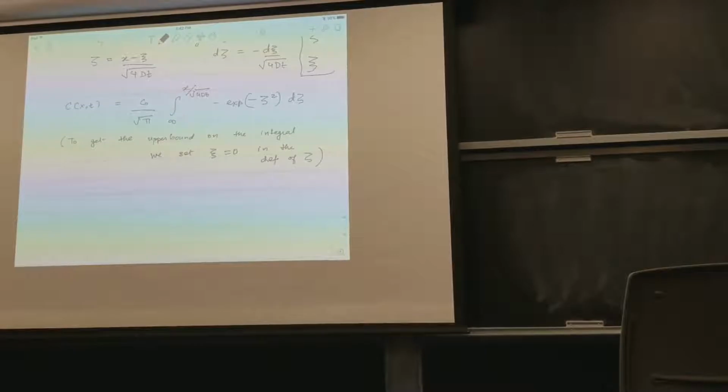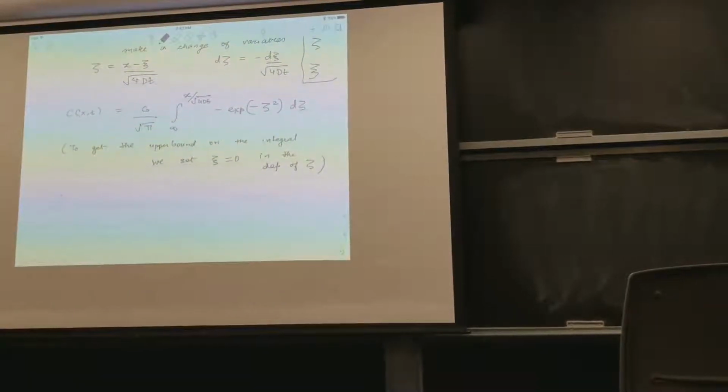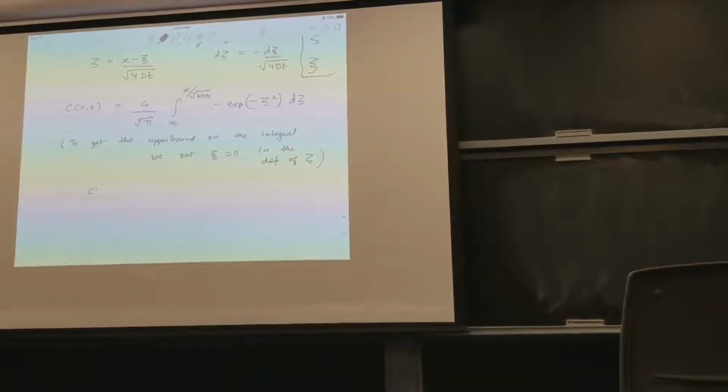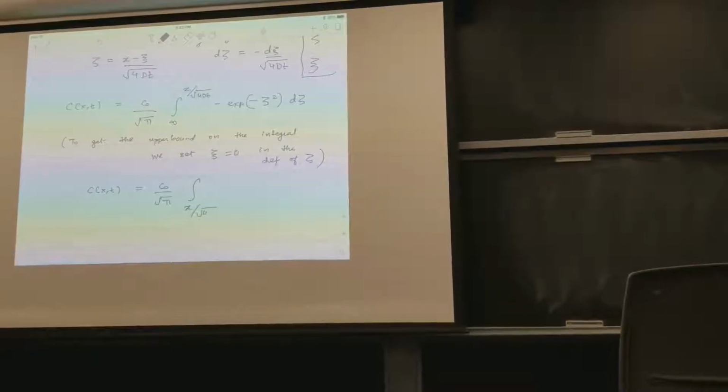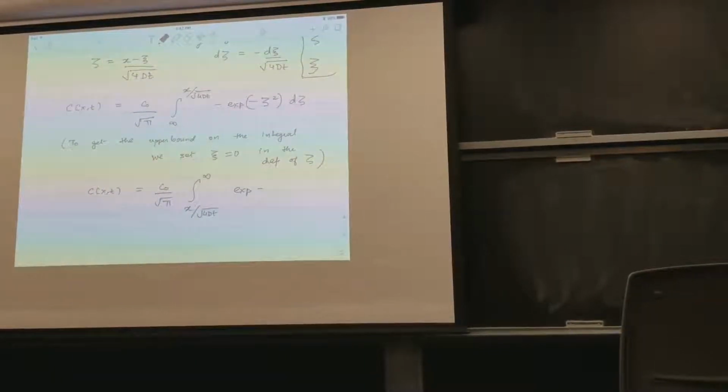And what this means is that, because of the minus sign now, I can change these to go from x over 4Dt to infinity.